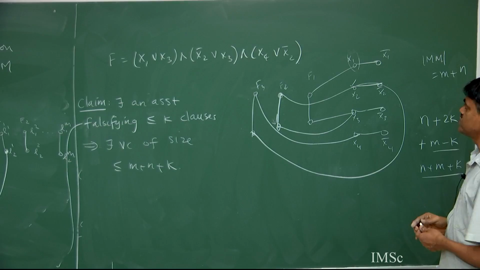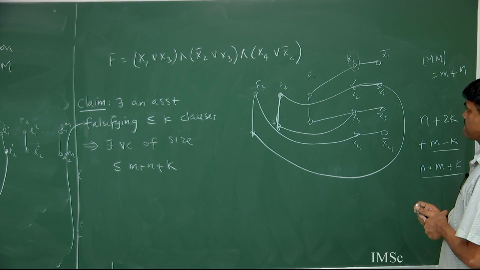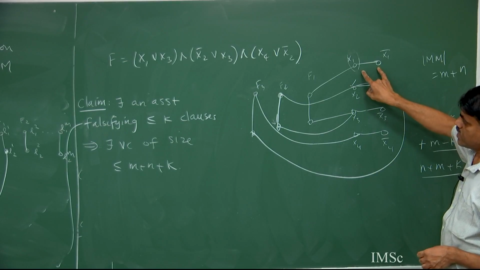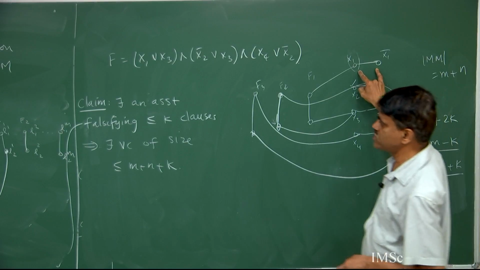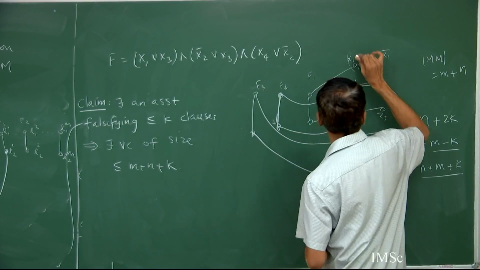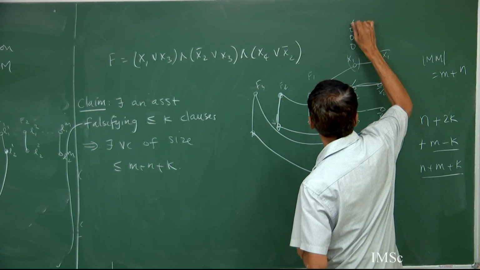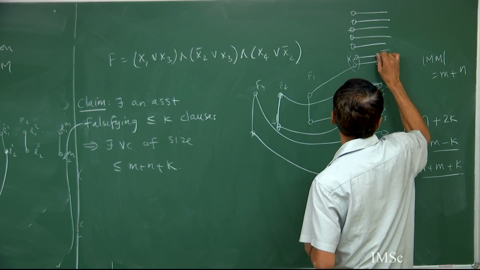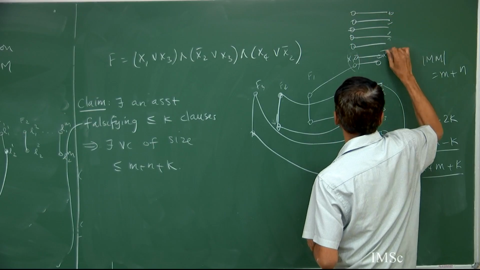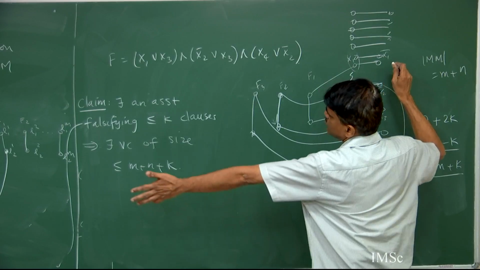So, what we will do is make k plus 1 copies of these edges. So, my construction is not just x1 bar, I will have k plus 1 or k plus 2 copies of this. Everything k is given to me in advance, right.